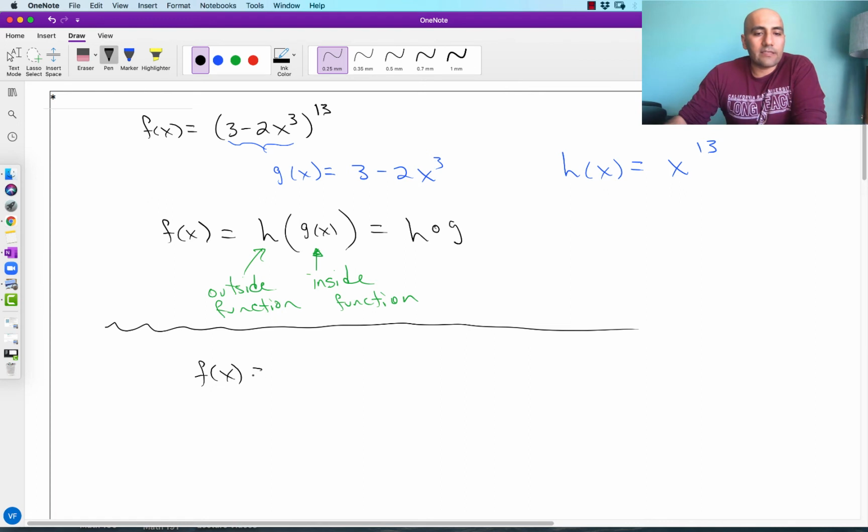Okay, so f of x equals 3 minus 2x cubed to the power of 13. We can think of this as the inside function raised to the power of 13.